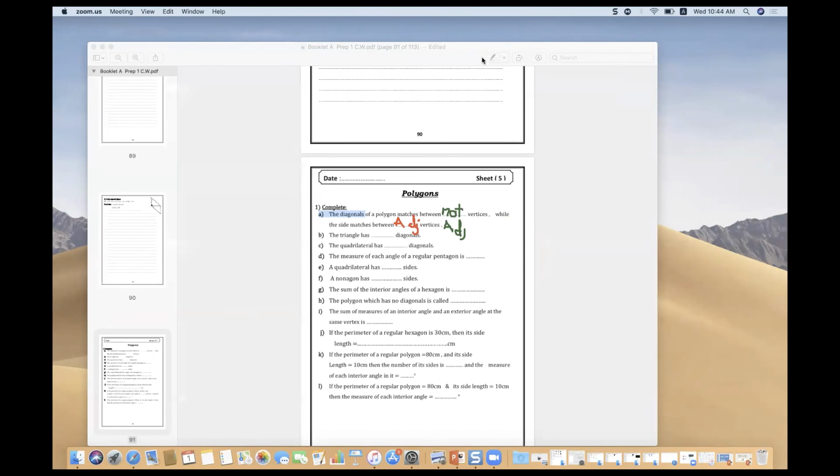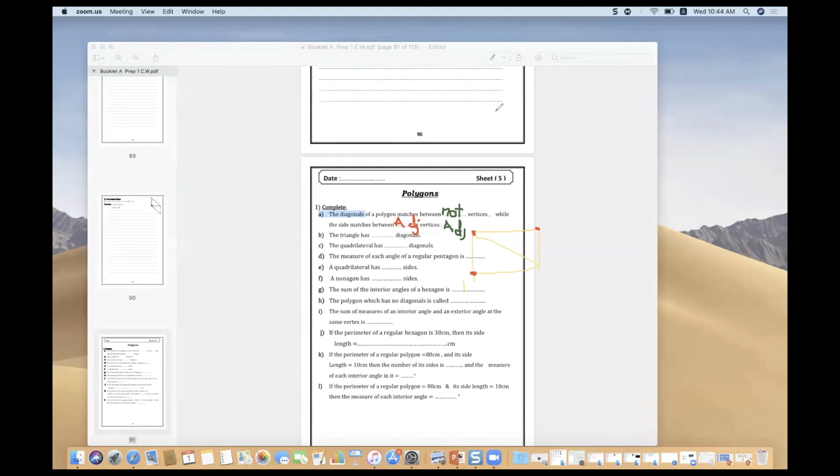But here, if I have for example this rectangle, now I will choose one vertex and join to another vertex that is not adjacent, not right next to the vertex I chose. What will I get? A diagonal. Ms. Rahab, if you talk about this vertex, those vertices are adjacent, right?